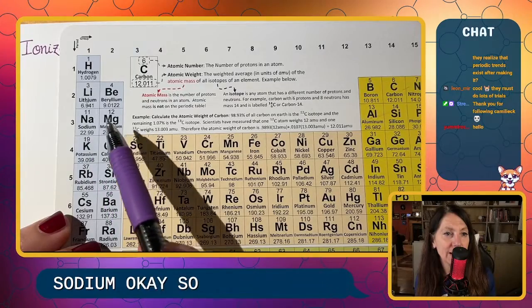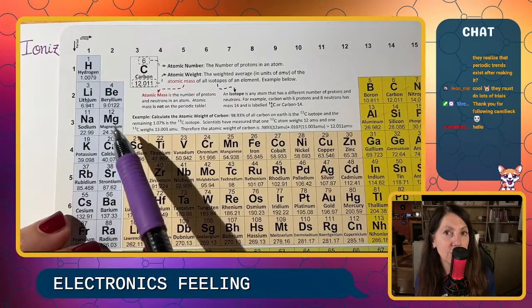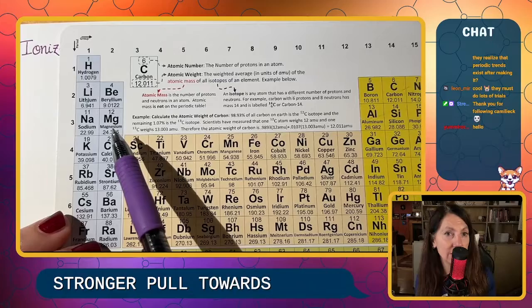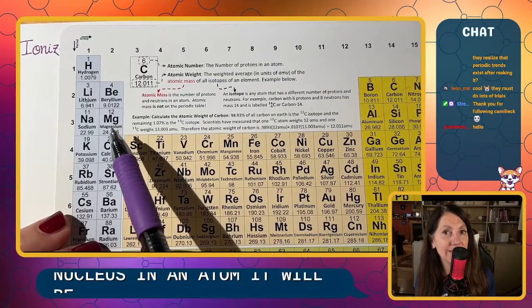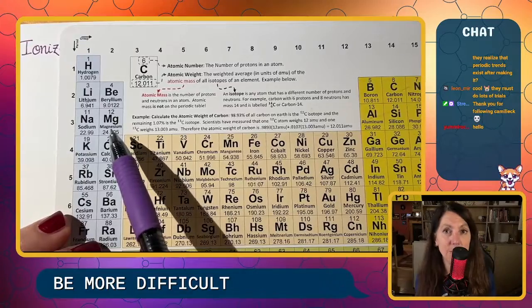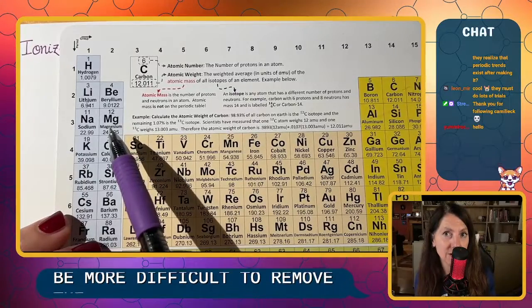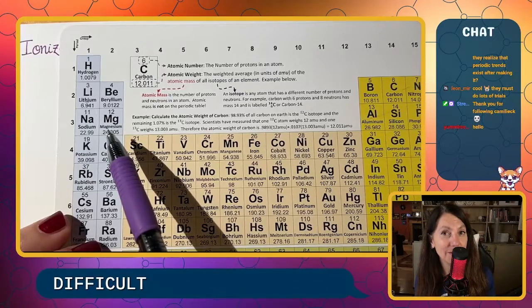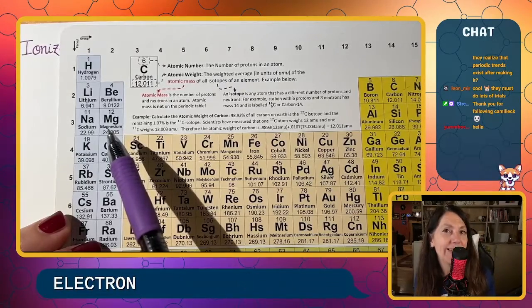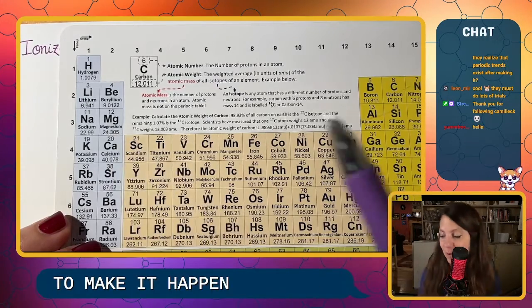Okay, so if that electron is feeling a stronger pull towards the nucleus in an atom, it will be more difficult to remove that electron. If it's more difficult to remove an electron, it means you've got to put in more energy to make it happen. Okay?